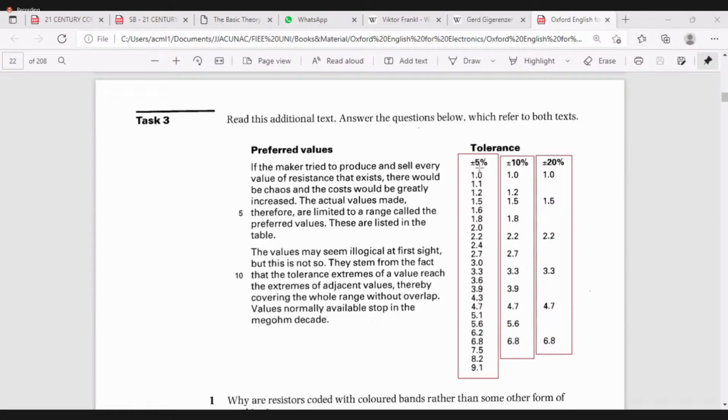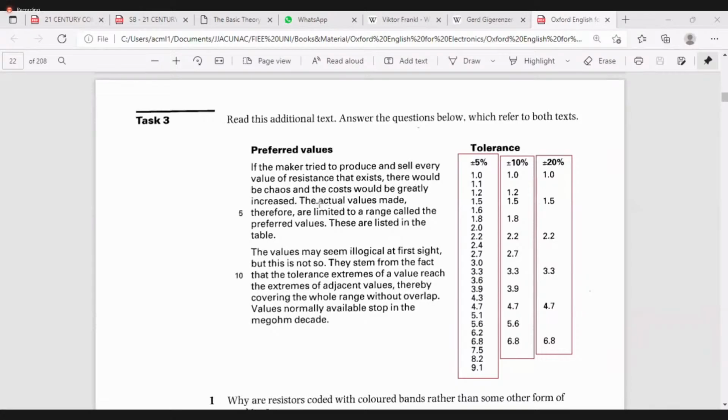That's why the manufacturers decided to have some specific values that are going to be repeated or be constant according to the tolerance percentage. If the maker tried to produce and sell every value of resistance that exists, that would be chaos, and the cost would be greatly increased.